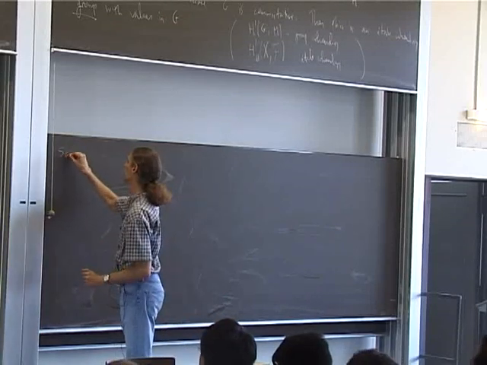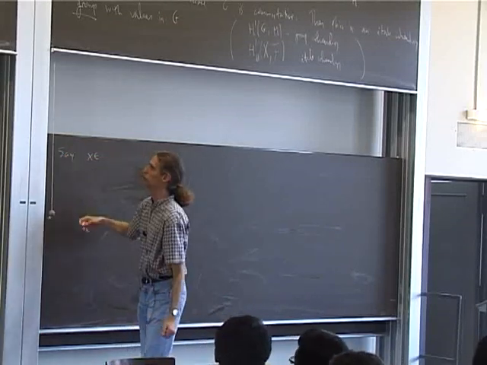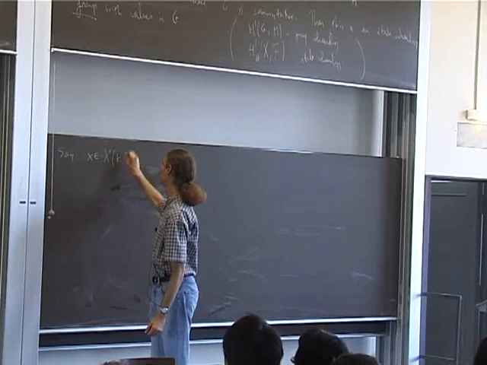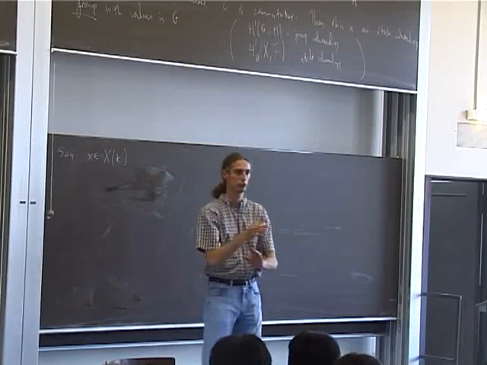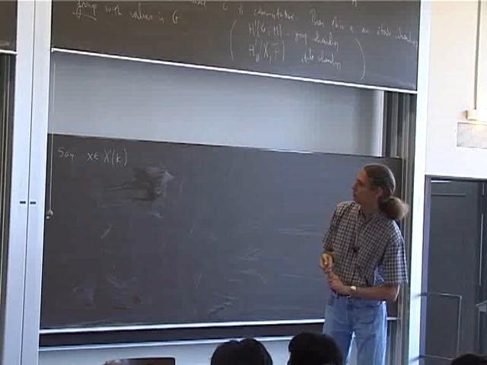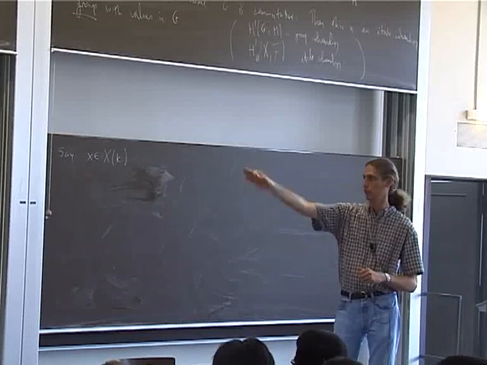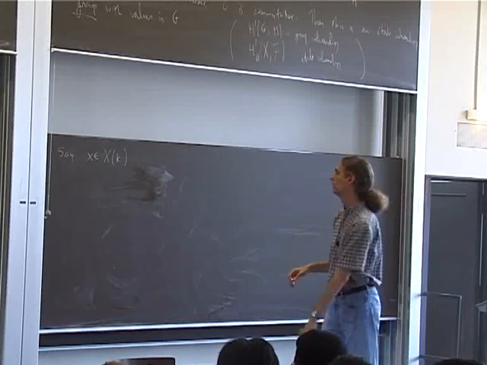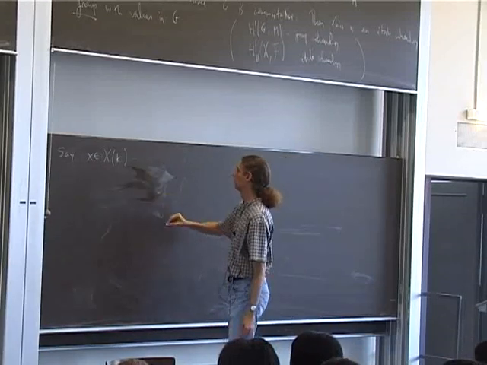So let's say x is a rational point. So then you can restrict the given torsor, pi, to x.